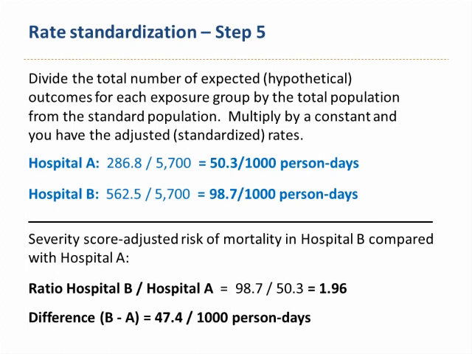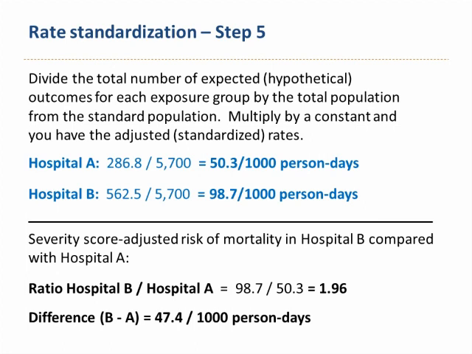We do the same for Hospital B. Summing the expected number of deaths gives us 562.5 deaths in our hypothetical standard population, and we divide this again by 5,700, the number of person days in the standard population, and we get the severity score adjusted mortality rate for Hospital B of 98.7 per 1,000 person days.